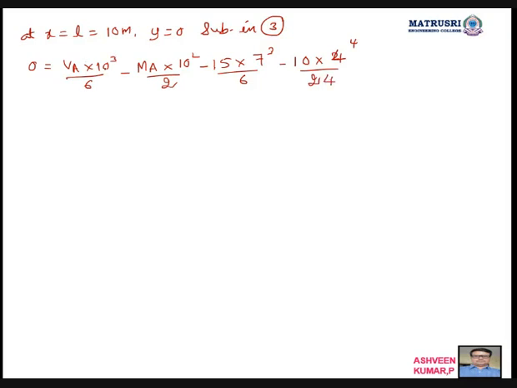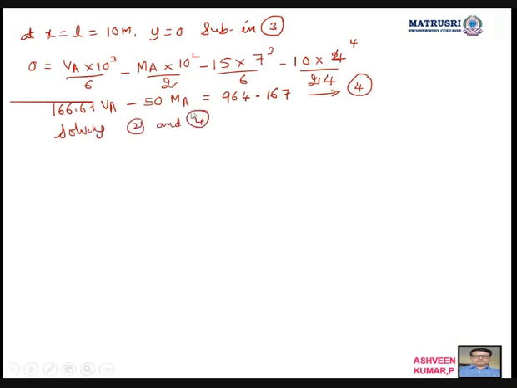If you do this, 1000 by 6, that will be 166.67 VA minus 100 by 2, 50 MA is equal to 964.167, the equation number 4. Solving 2 and 4.